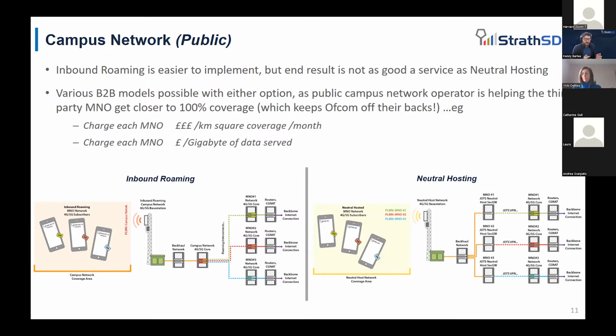So there are different business models available, such as you could maybe charge the MNO a couple of £100 per kilometre squared per month of coverage, or you could charge them £1 per gigabyte of data served through your network, for example. Now, I'll add, I've not personally tested these models because all of our work with MNOs in this field has only been at testbed level so far.